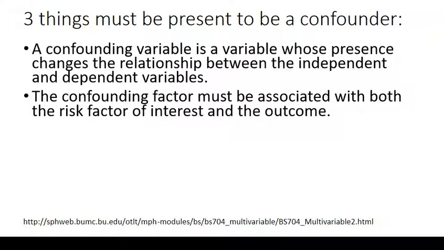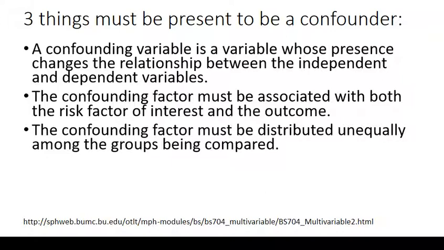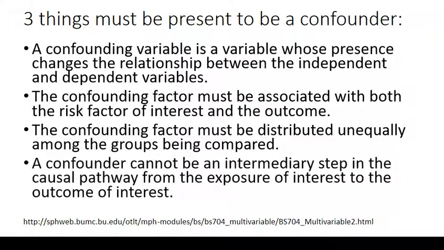Confounding variables have to be associated with both the risk factor of interest and the outcome. And to be a confounding variable, it has to be distributed unequally amongst the control group and the experiment group. One last thing, a confounder can't be a step along the way from your cause to your effect.